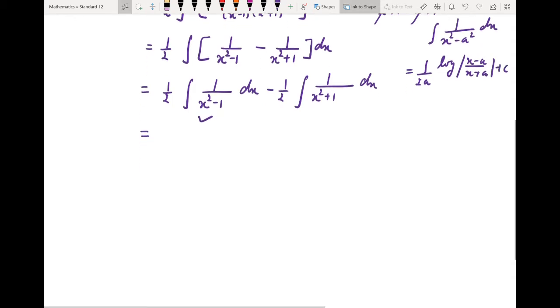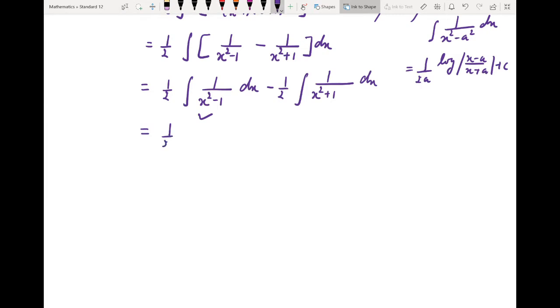So when we use this form, 1 half as it is, 1 upon 2a, a is 1, log mod x minus 1 upon x plus 1, minus 1 half tan inverse x by a, a is 1, plus c.